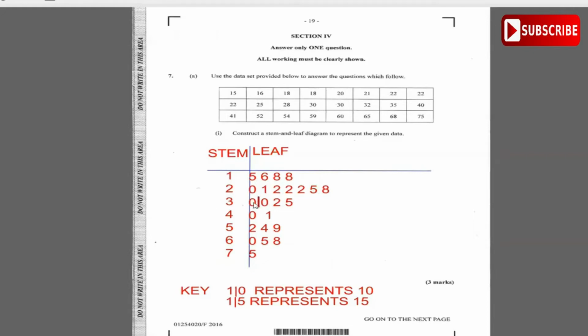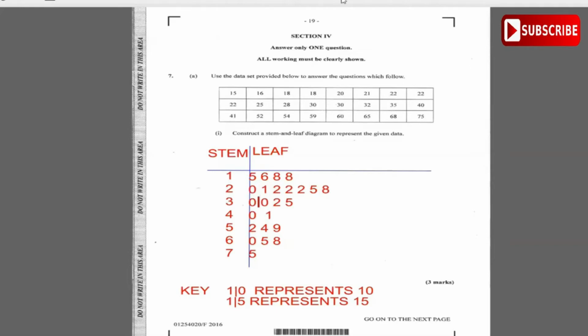Looking at this first half, the term in the middle is between the 6th and the 7th term. That's how we find the term in the middle, or some people would say a quarter of 25. The term in the middle is between 6 and 7, so it's in between here and here, which is 21.5.